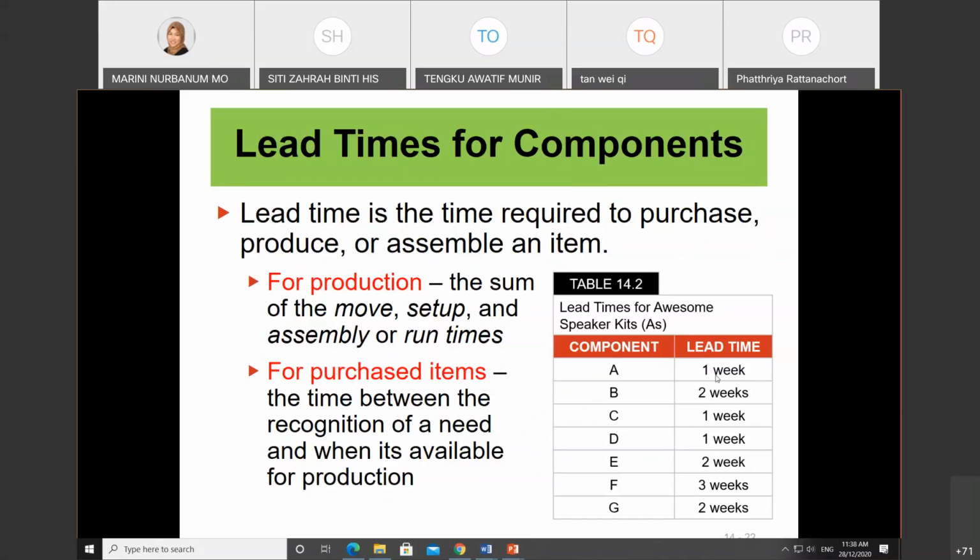So if in the question it says that the final product needs to be ready in week 8, and it takes 1 week to prepare, that's why you should start making it in week 7. That's the logic with this lead time.